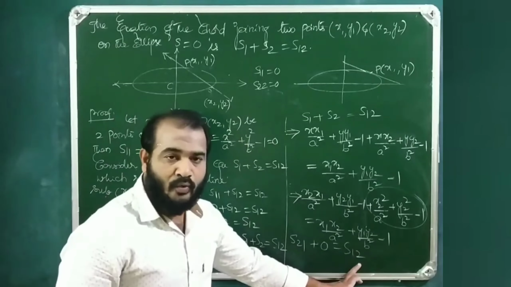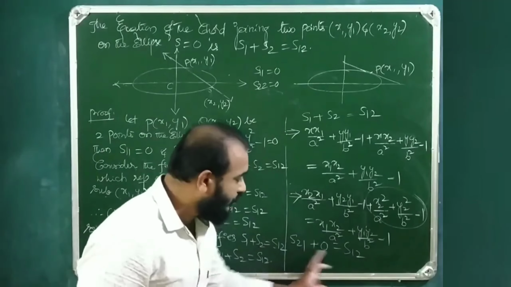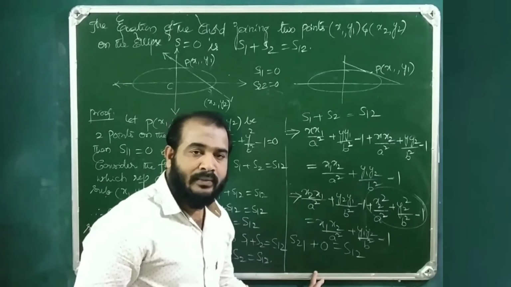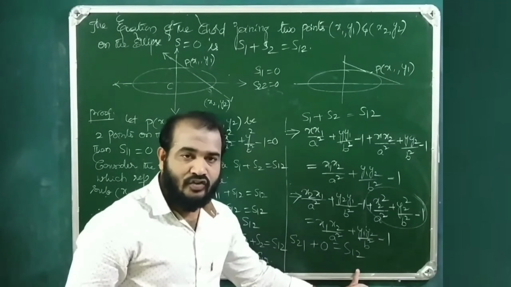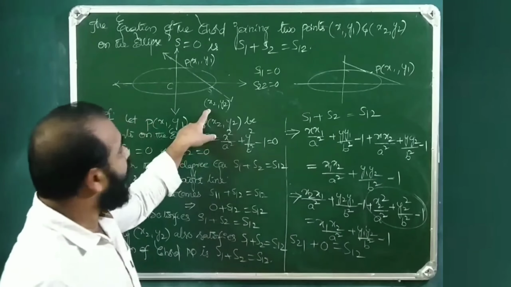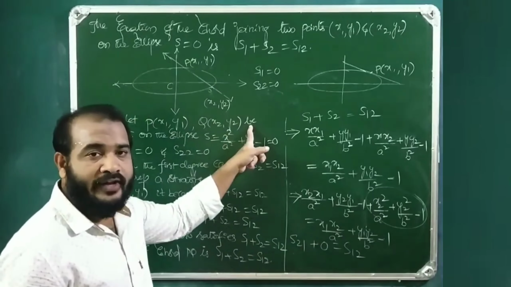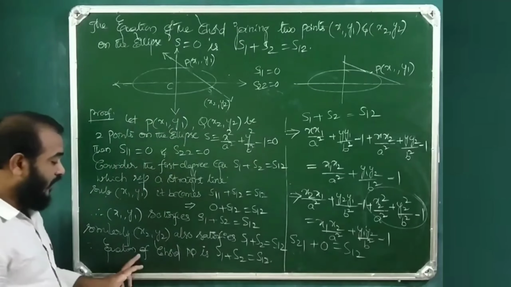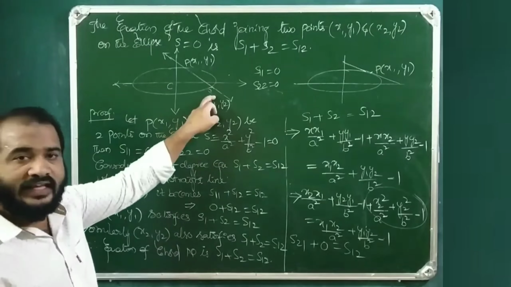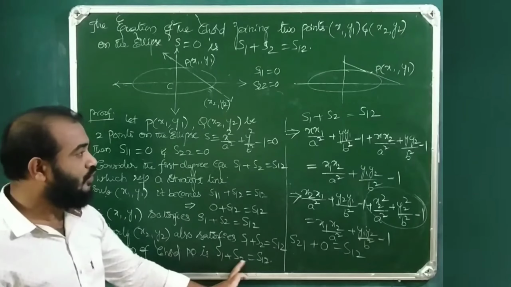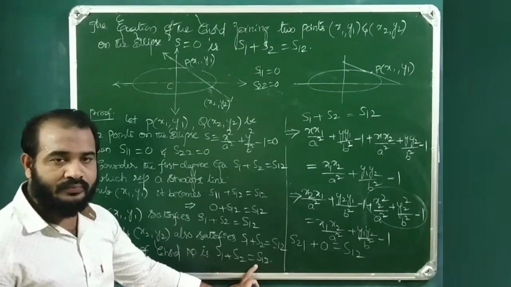S21 and S12 are both equal, that means S12 equals S12, so the equation gets satisfied. Why? Because Q(x2, y2) is also a point on the equation of the chord joining the two points. Therefore, the equation of the chord PQ is S1 + S2 = S12.